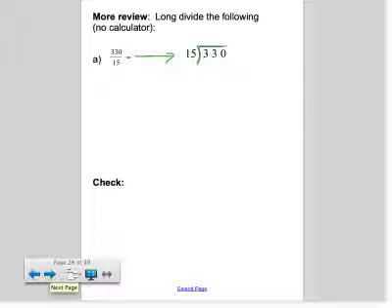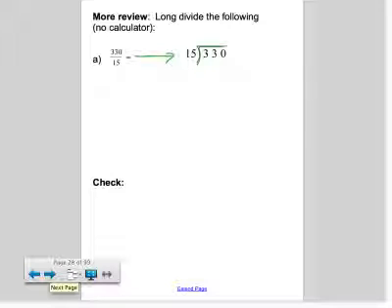First of all, the expression that is being divided is called the dividend. So in this particular example, 330 is the dividend and 15 is the divisor. The thing you're dividing by is the divisor, the thing that's being divided into is the dividend. Just some terminology there to be familiar with.